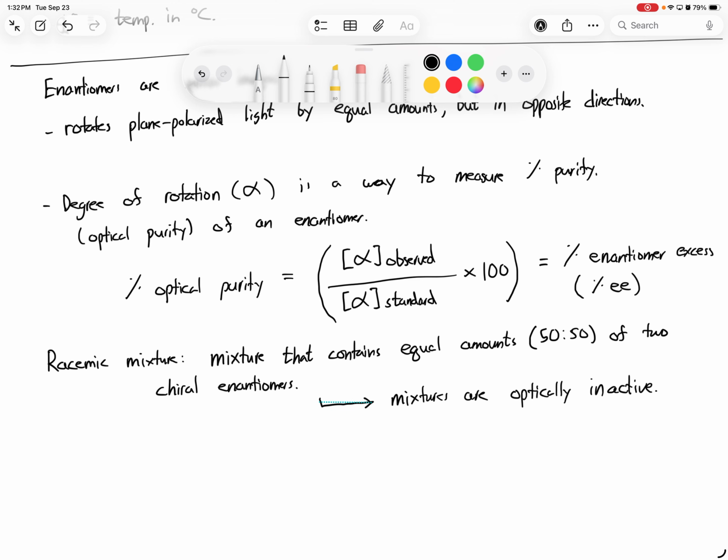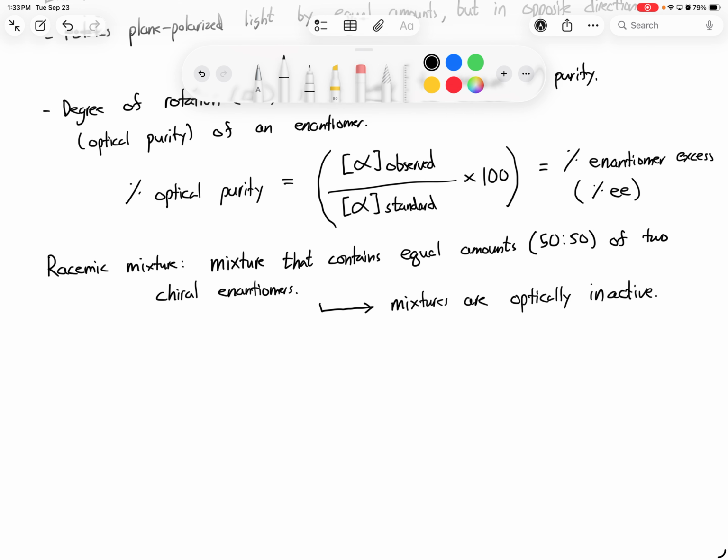You don't have any excess of the stereoisomer that you want, so even though it's 50-50 plus and minus enantiomer, the optical activity will be 0 because they cancel each other out. There's no net rotation of light here, so the mixture is considered inactive. Usually you don't want a racemic mixture, especially if you're trying to make a specific isomer of a drug, okay?